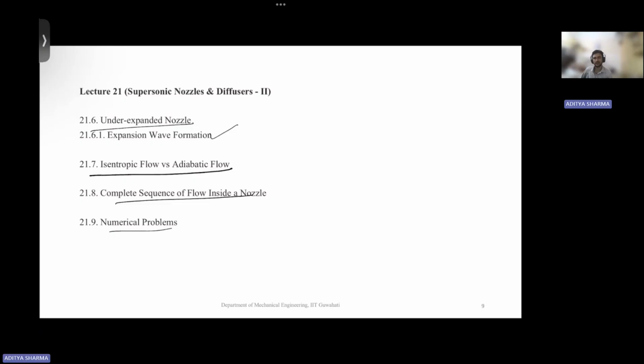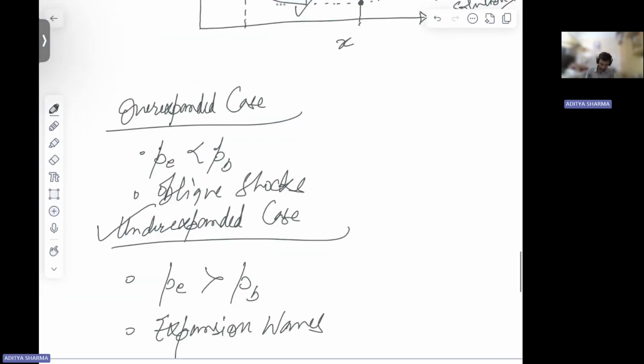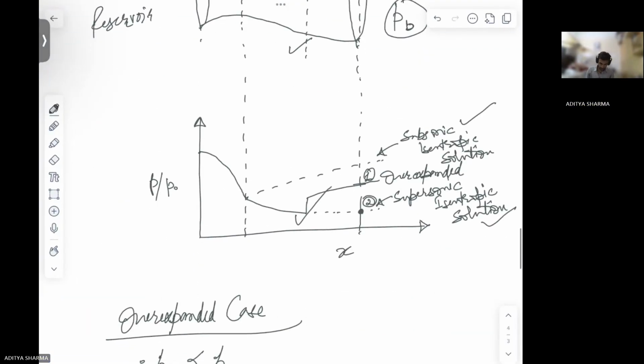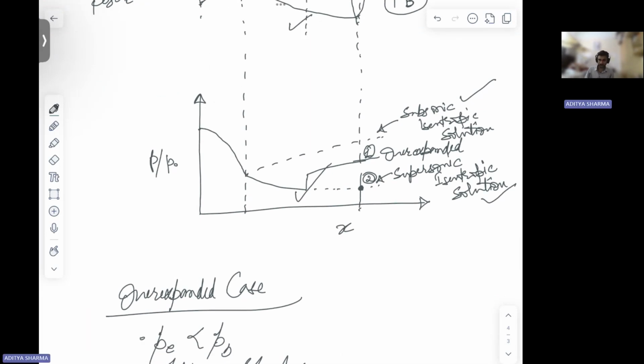Then we can move on to questions. I hope this is clear. So first is your subsonic isentropic solution, then your supersonic isentropic solution. In between your subsonic and supersonic, you have the overexpanded case where you get a shock in the divergent section.